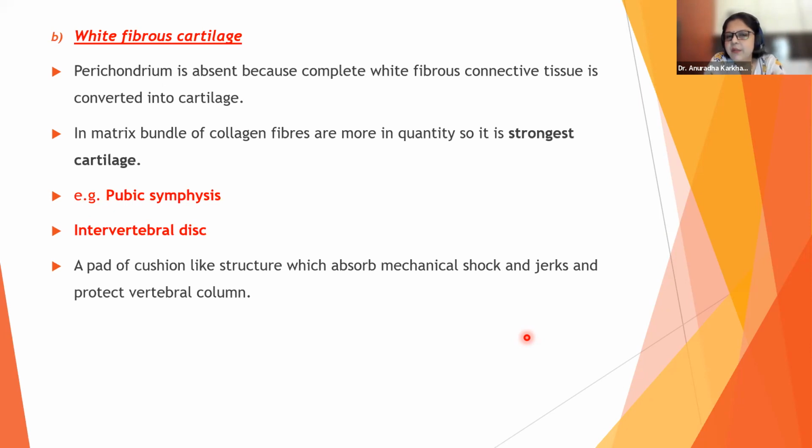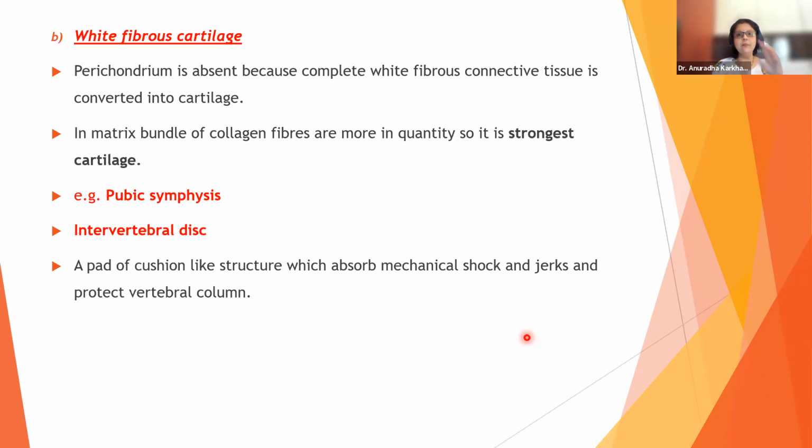Intervertebral disc, you remember, slightly movable. Our intervertebral disc will have white fibrous connective tissue cartilage. A pad of cushion-like structure which absorbs mechanical shock and jerks and protects the vertebral column is nothing but your intervertebral disc. I had told you all about the slip disc if you remember.